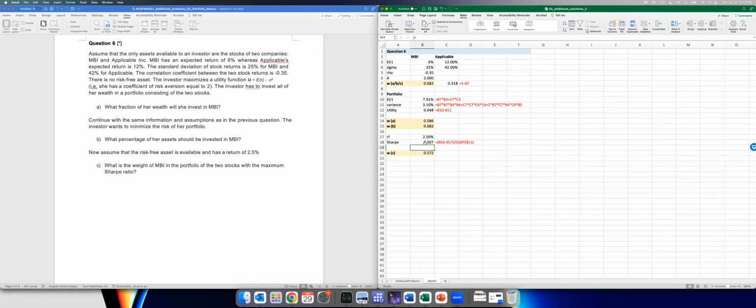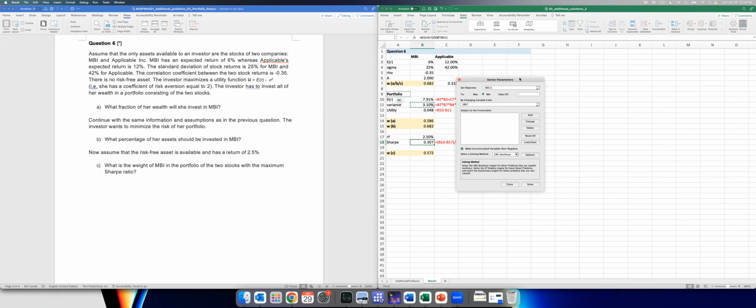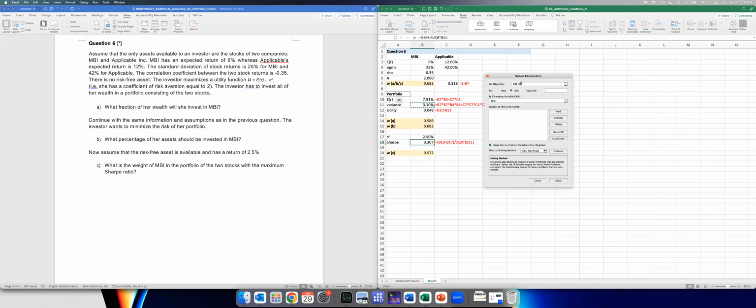Now we want to optimize, we want to choose W to maximize the Sharpe ratio. We'll go to solver again. What we want to maximize is B18, the Sharpe ratio. So you choose max. And the choice variable is again W, it's B7.